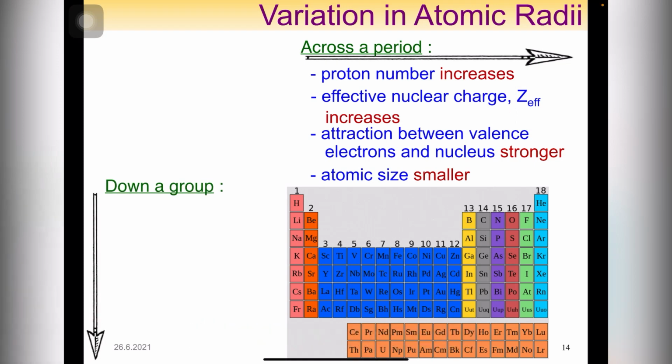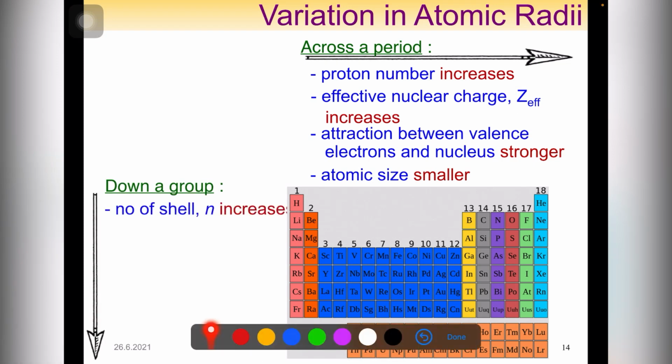And down a group, the main factor affecting the atomic radii is the shielding effect, or screening effect. What causes the shielding effect?